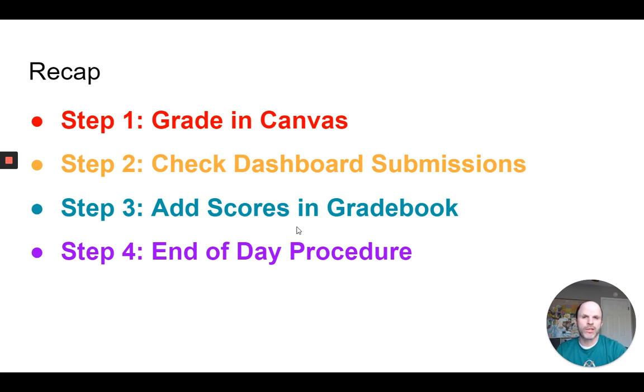These could be participation checks where there is no document to check. And there is the ability to add a default score for all students if you want to give students all at once the same score. Step 4 then, at the end of the day, whatever your end of day definition is, go into Tyler SIS and import all scores from all assignments for all students per class period. And that roughly takes only about maybe 10, 12 seconds per class to do that.